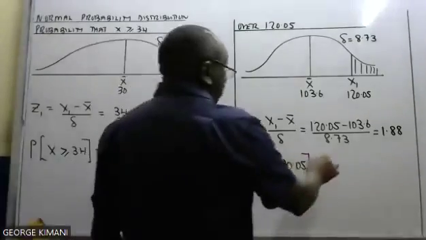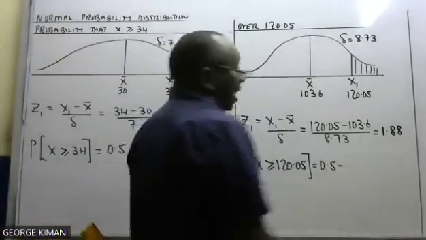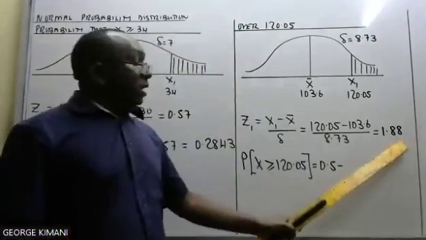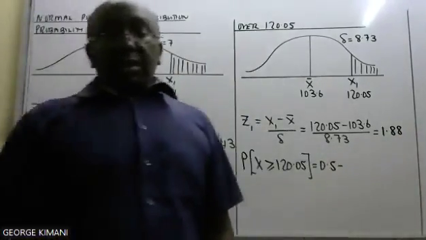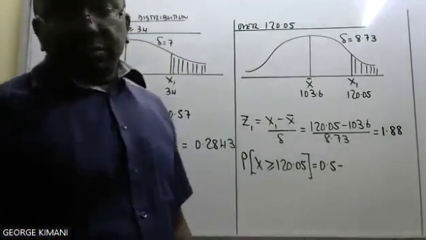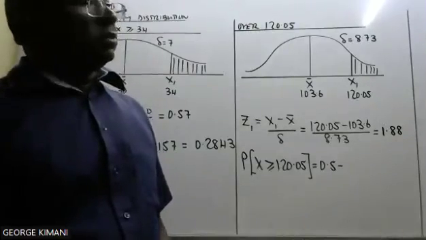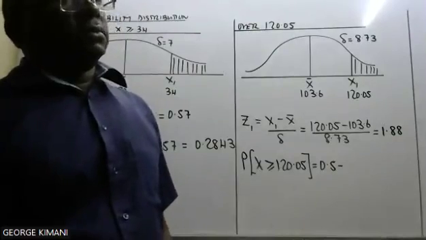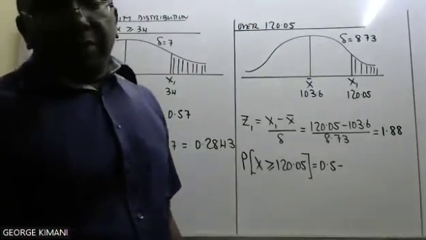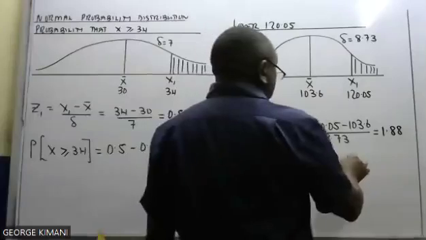So it will be 0.5 minus, go to the table, and get the value for 1.88: 0.4699.